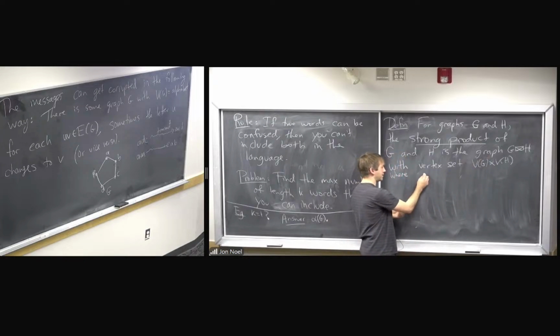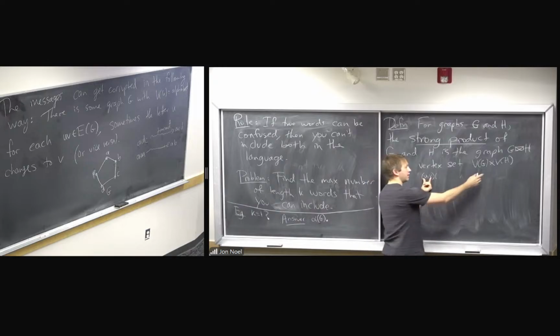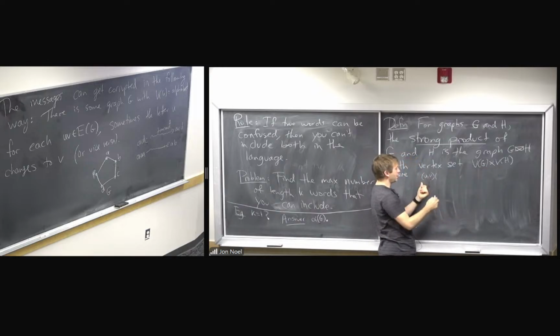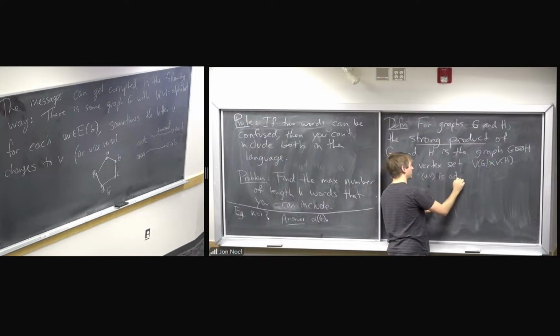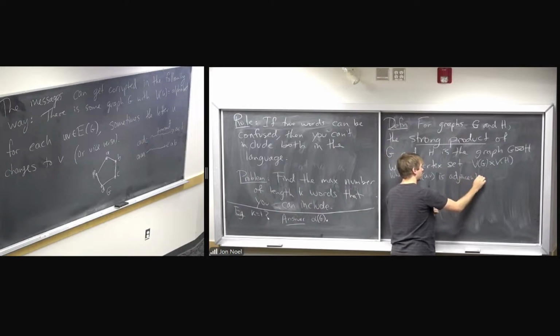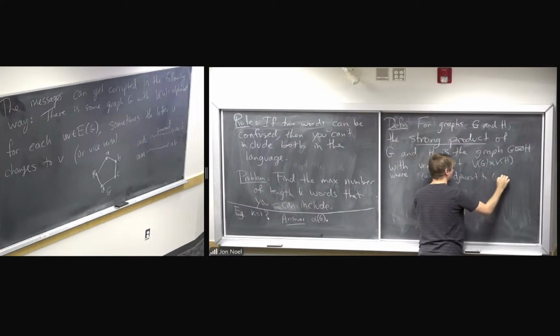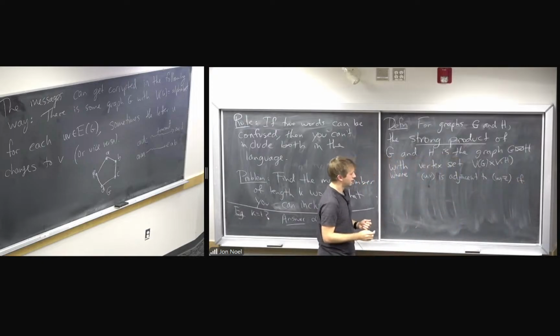And now I have to describe what it means for a pair in here to be adjacent to another one. So UV is adjacent to, let's say, WZ if, so there's going to be three conditions.